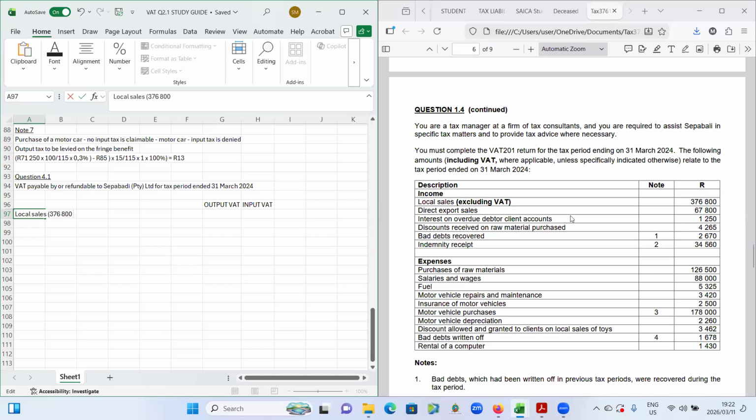For us to calculate the VAT fraction on the amount, we are told that the amount excludes VAT. If the amount excludes VAT, the VAT that must be added is simply 15 over 100. Then we must get our output tax.